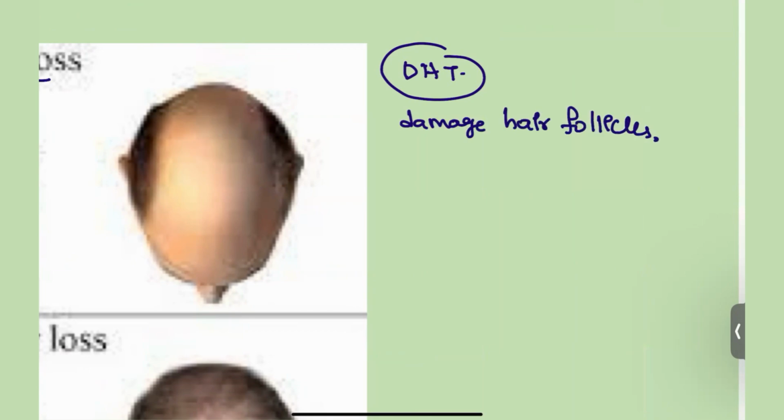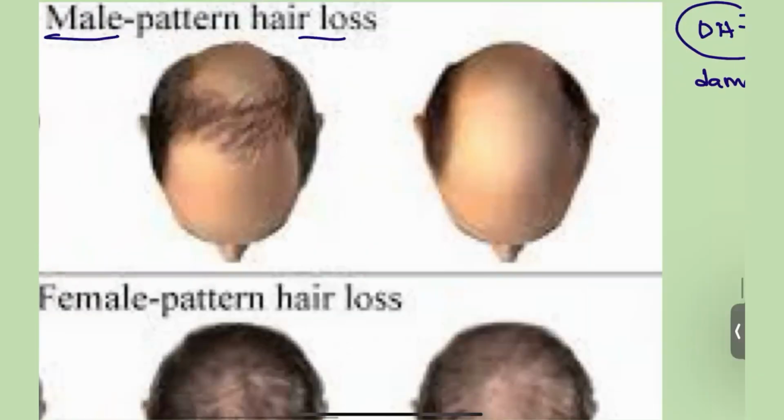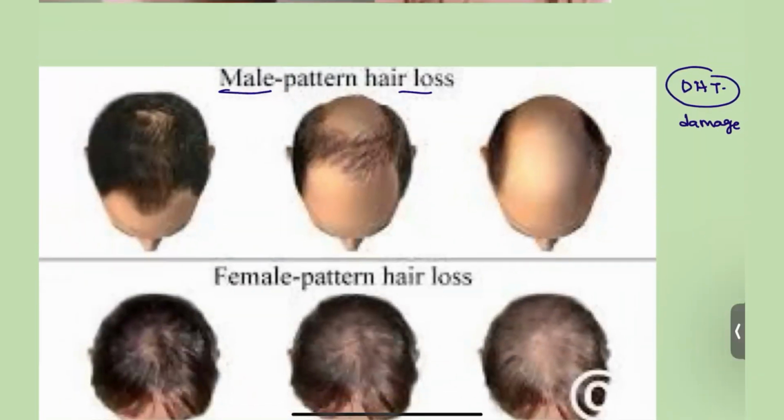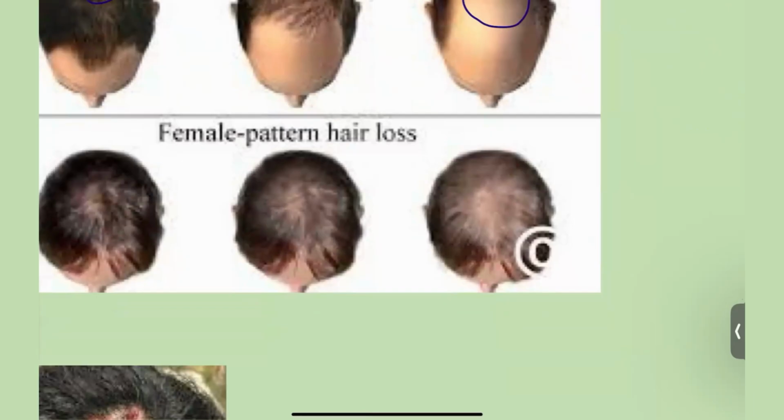Usually in males, it is going to involve the vertex. The vertex is commonly affected in males, whereas in females it is going to cause thinning at the frontal hairline or mid hairline, the crown. This pattern will be seen in females.